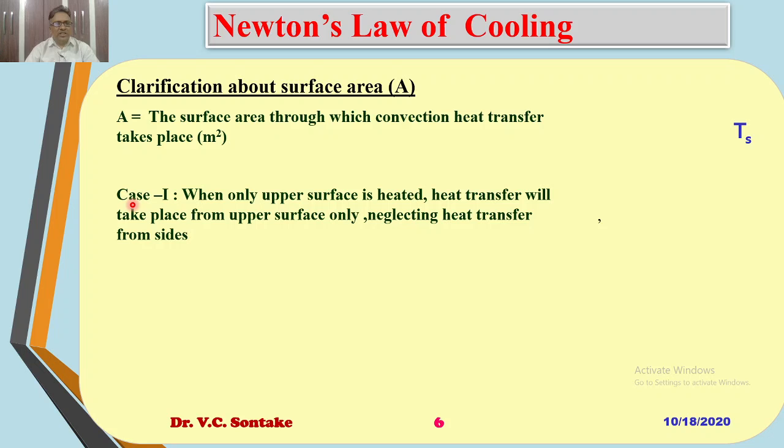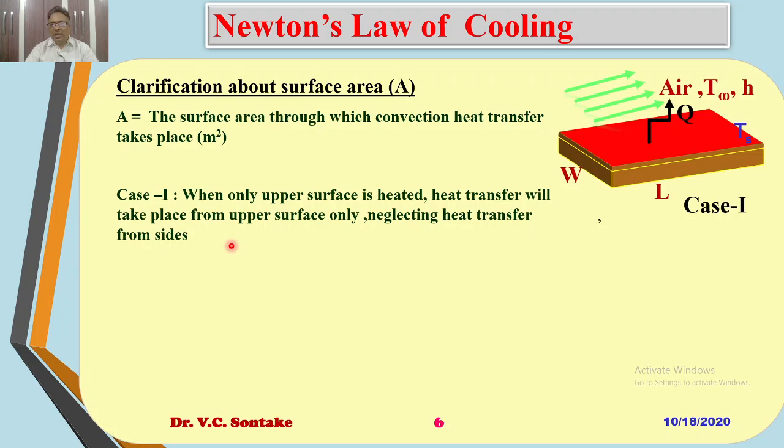Let us first consider case 1, where only the upper surface of the plate is heated. The temperature difference will exist between the upper surface of the plate and the fluid, and because of this, heat transfer will take place from the upper surface only, neglecting heat transfer from the sides. To elaborate this case, let us consider the figure where the plate is heated at the upper side only.